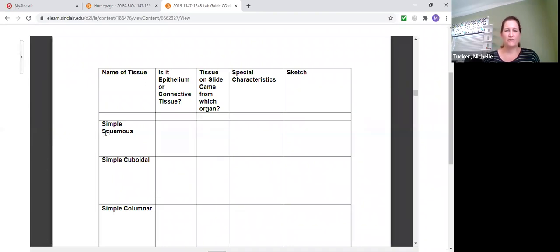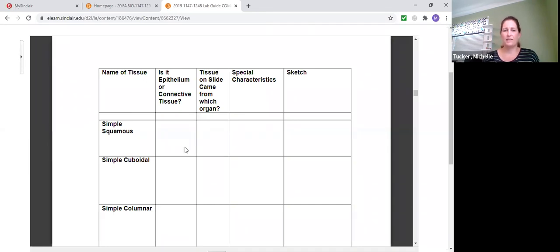For each of these, you need to pull down the images so that you can match the image to the name. You do need to know from the image whether it is an epithelial or a connective tissue, and whether it is vascular or avascular. If it's epithelial, it's automatically avascular.